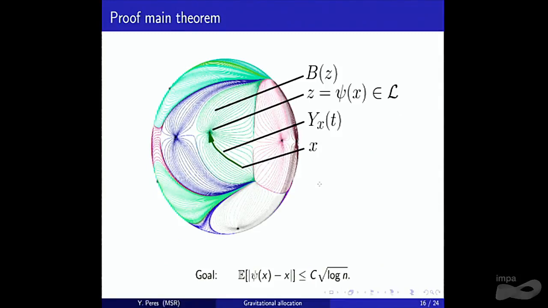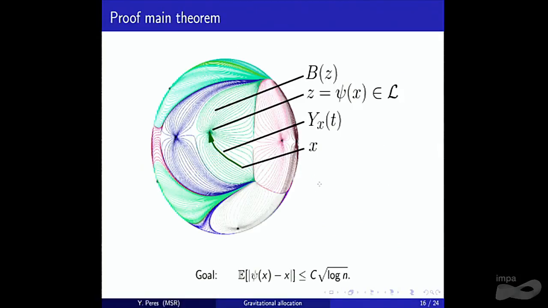If you take a point and look how long till it gets absorbed, this is a random variable which has exactly an exponential distribution with parameter 2 pi. I'll explain this in a little bit. But right now I want to explain the main theorem, which is the expected distance traveled in the allocation.